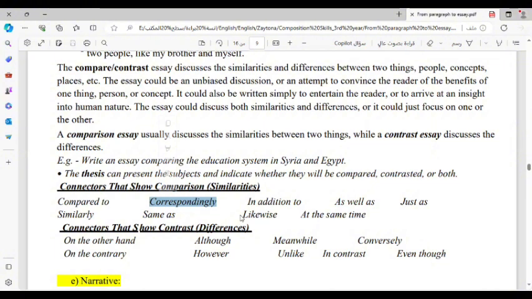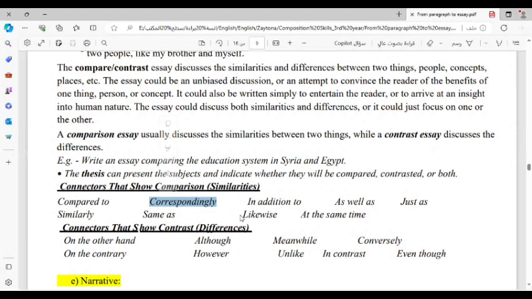Correspondingly, you can use it in order to show the similarity. For example, you can use it in the second section of the sentence. You can say, "Education system in Syria is not expensive. Correspondingly, education system in Egypt is free."